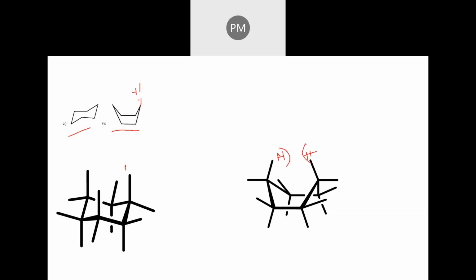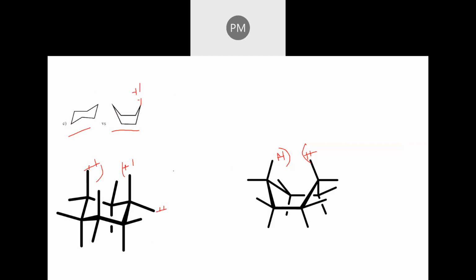And in the chair conformation, the steric crowding is less, since these two hydrogens are far apart as compared to the boat.